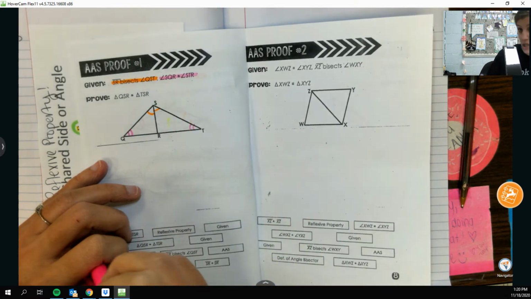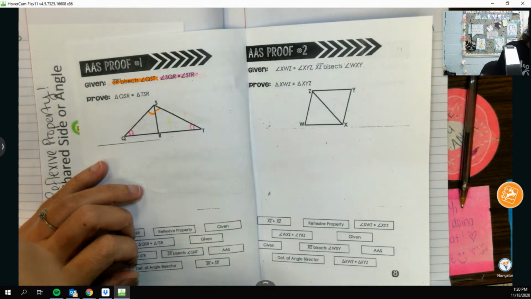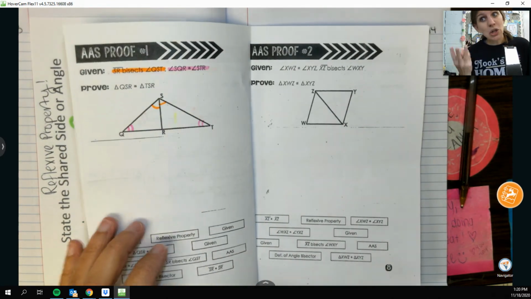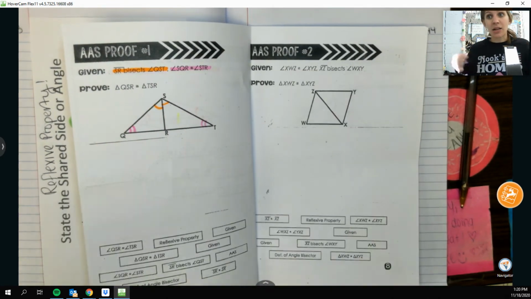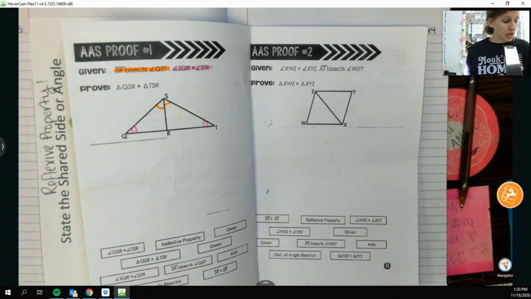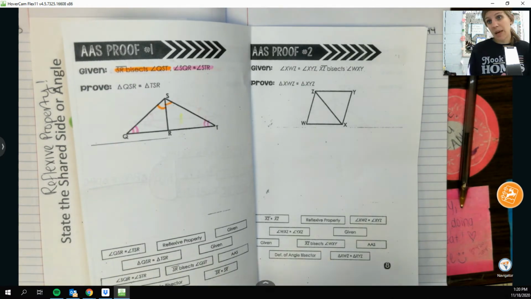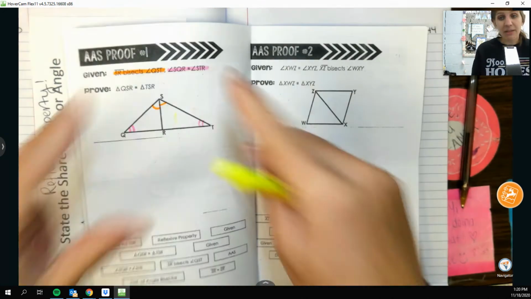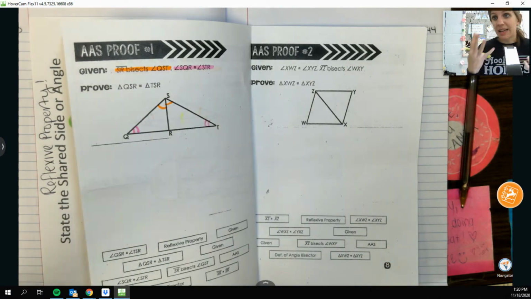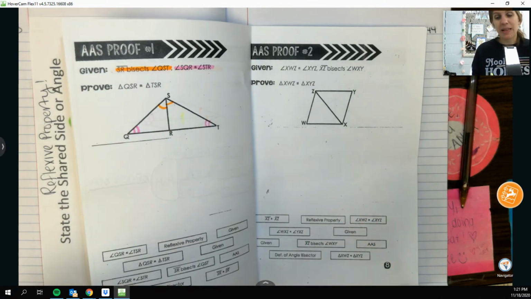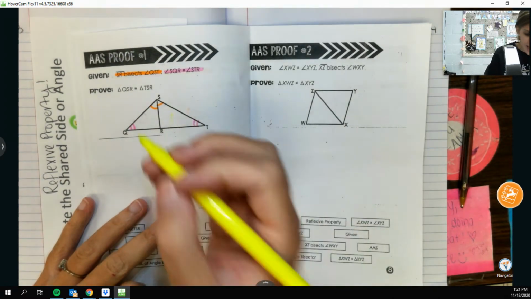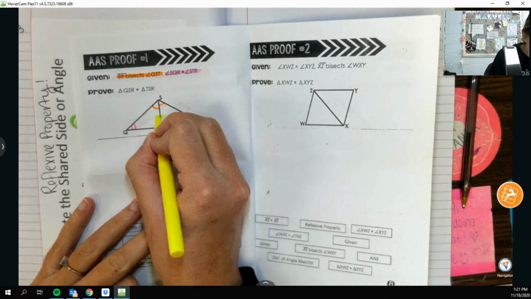Again, I could have just called that angle T. But that's all they gave to me, and that's only two things. I need three things. And a third angle won't help because angle is not a shortcut you can use. So hopefully in my picture, I can get a shared reflexive thing. You couldn't get a midpoint thing or a side bisector because that would have to be in the given. And it sure isn't. So it has to be a reflexive thing. And luckily right here, we got one.